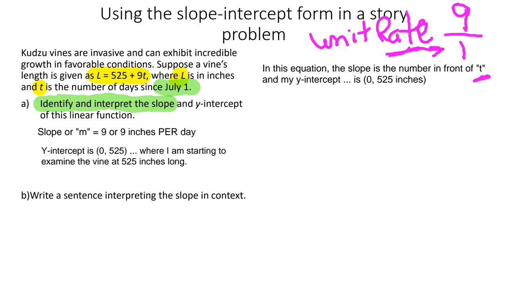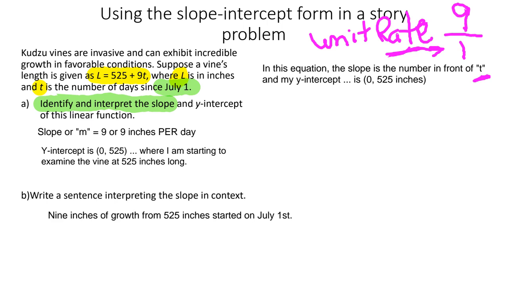Now, write a sentence interpreting the slope. Well, we kind of did. It is 9 inches of growth from 525 inches started on July 1st.